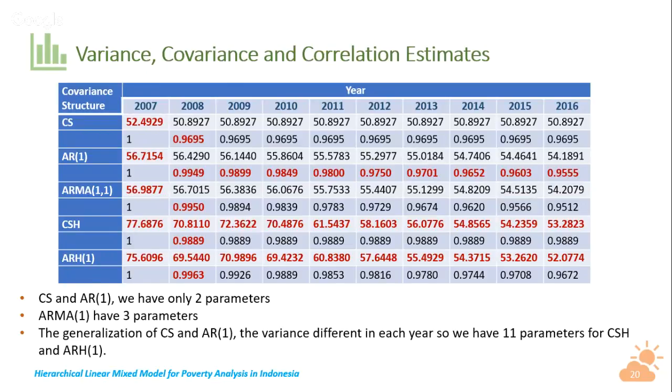I think that is the difference: first, the structure of the covariance matrix in panel and longitudinal models, and second, in panel data we do not determine which covariate is fixed, but in the linear mixed model we determine the fixed covariate.